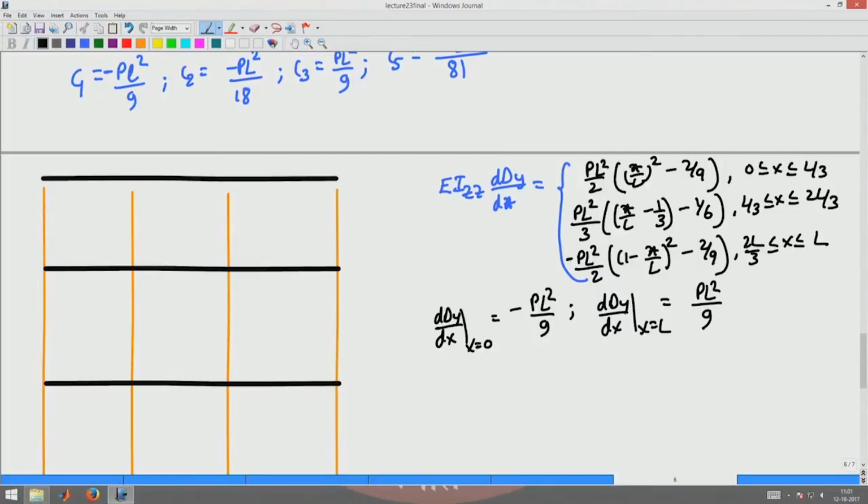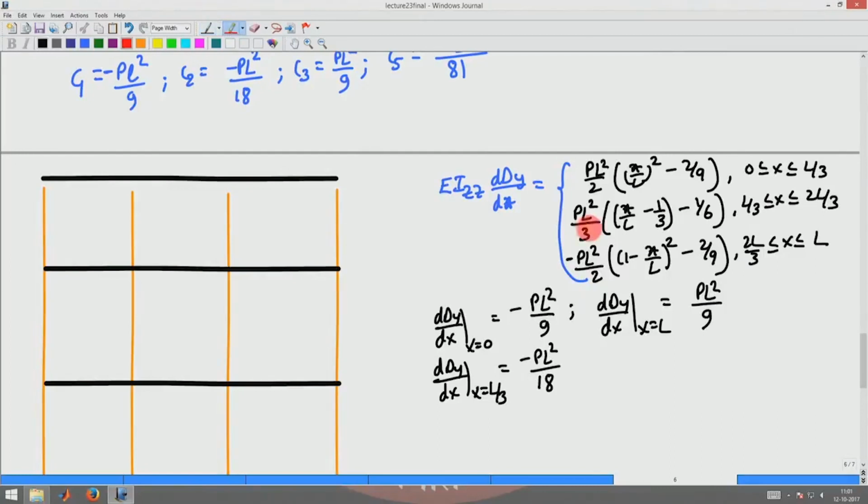Now, similarly d delta y by dx at x equal to L by 3 would be minus PL square by 18.